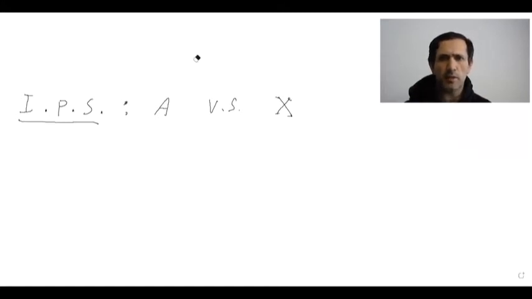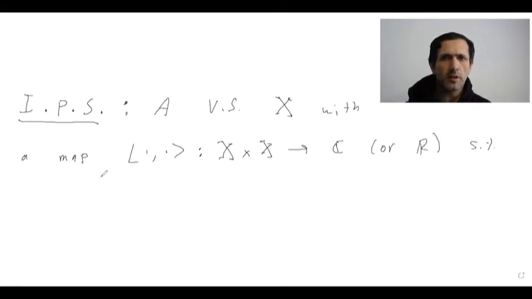So it's a vector space with a map, an inner product, taking X times X to either the reals or the complex numbers, depending on if X is a real vector space or a complex vector space, satisfying the following three conditions.